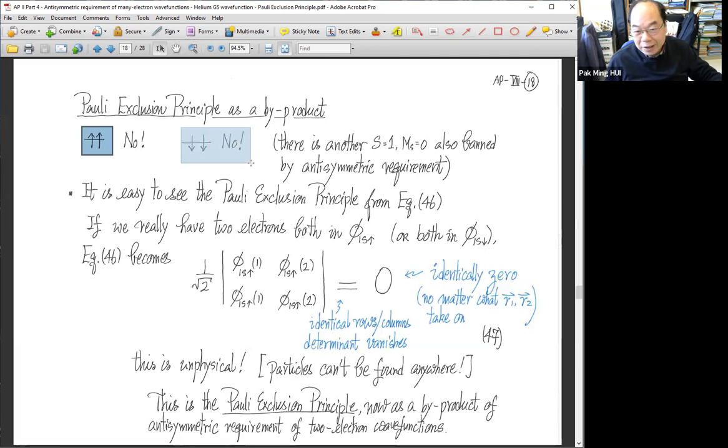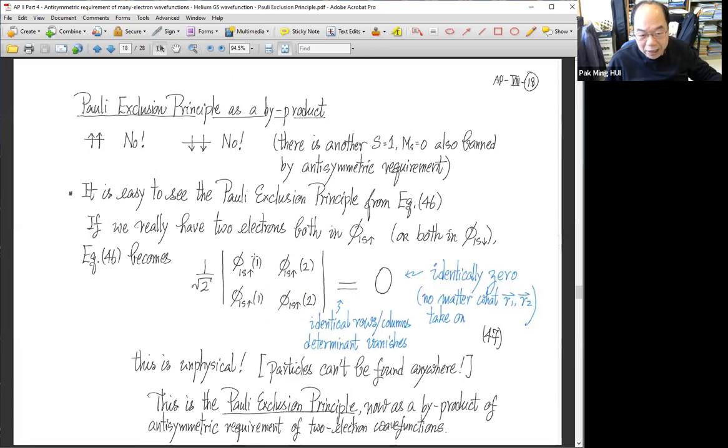You know that it's not okay, right? And how can we see it from our writing of the 2 electron wave function? So if this were allowed, we would have written the wave function as follows. Both electrons will be in 1s up. So I can write that, okay, this is up, but I only have one state now. So the second row is also up, okay?